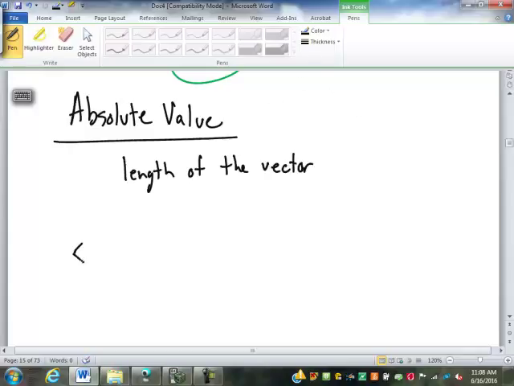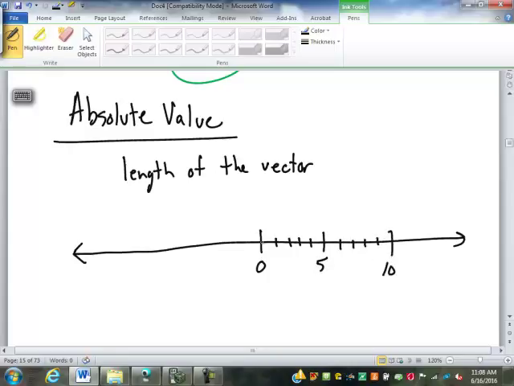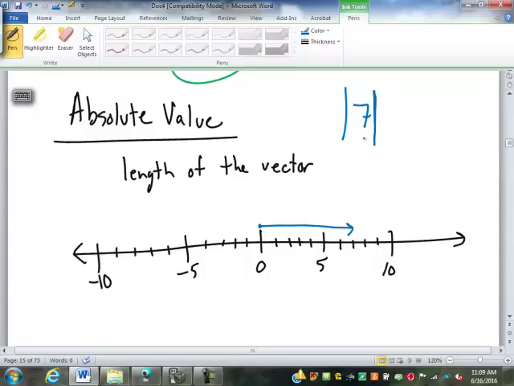So if I'm thinking of my number line, where I have 0 in the middle and I number out in both directions, positives to the right and negatives to the left, the vector for a 7 looks like that. How long is that? 7, yeah. So the symbol for absolute value is 2 bars that look like that around the number.